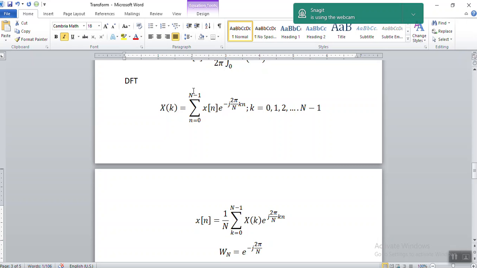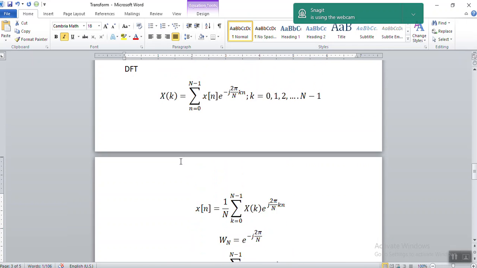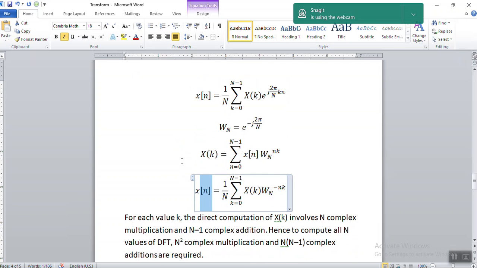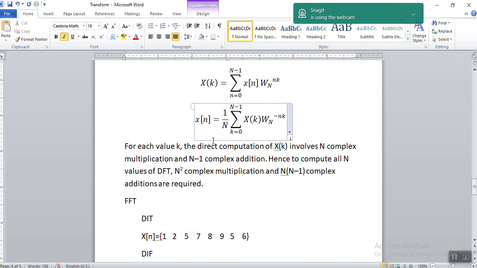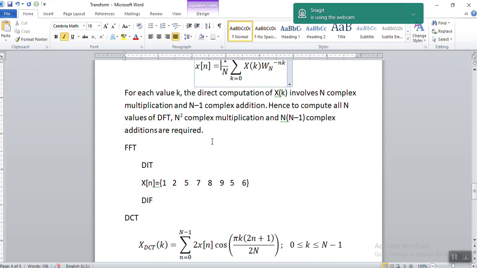In case of time domain sampling, aliasing occurs in frequency, and here, because DFT is the frequency domain sampling of the DTFT, if capital N is less than capital L, where L is the number of samples in x of n and N is the N-point DFT, then aliasing will occur. Now, if L is less than N, then while doing DFT you must add the zeros at the rightmost of the signal. In that case the spectrum will remain the same, the only thing is the resolution will improve.